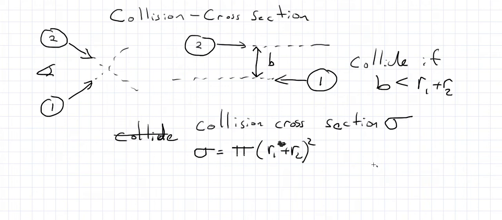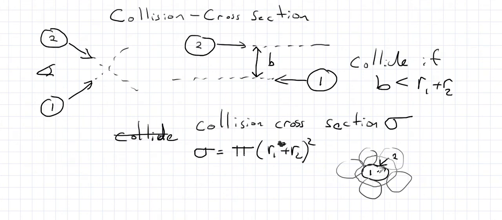Well, if we imagine looking at this, here's molecule 1. Imagine we draw a bunch of molecule 2s, and of course, they each have the radius of a molecule 2. If we draw a circle here, we can say if any molecule 2 is inside that circle, when molecule 1 comes barreling through, it's going to get hit, right?